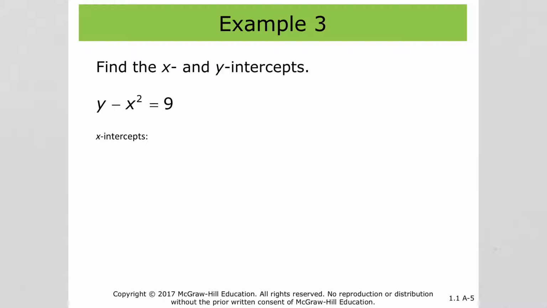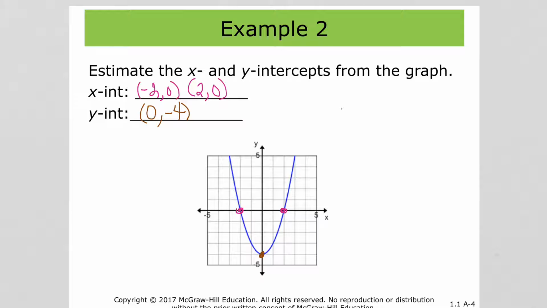Now, when we've got an equation and we want to identify the x and y intercepts, then what we do is, if you'll notice back here, again we said that when we had an x-intercept the y value was 0. When we had a y-intercept, the x value was 0.